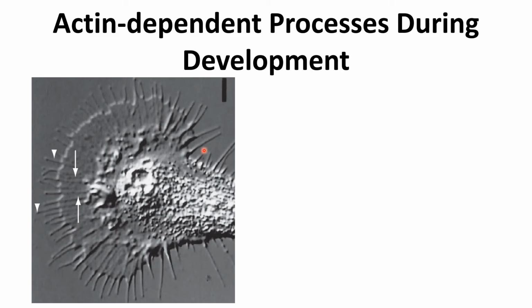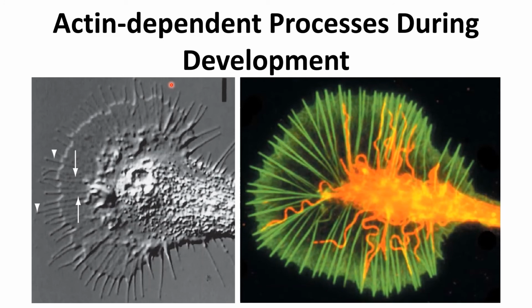And we can see here these sharp projections are actually actin filaments that are going to sense the environment. We can see here the actin filaments. And the rigid structure that we see here in the middle are actually microtubules.